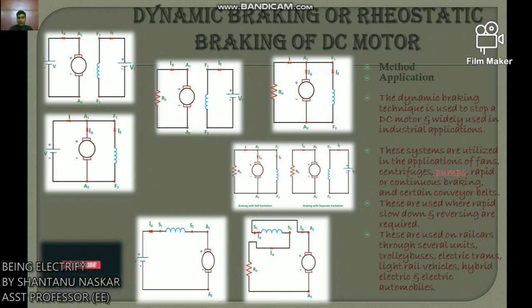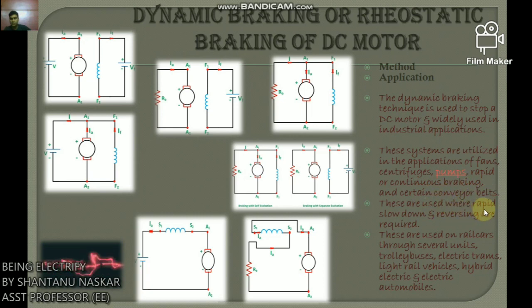Now, the dynamic braking application. The dynamic braking technique is used to stop a DC motor and is widely used in industrial applications. These systems are utilized in applications such as fans, centrifugal pumps, rapid or continuous braking, and certain conveyor belts.